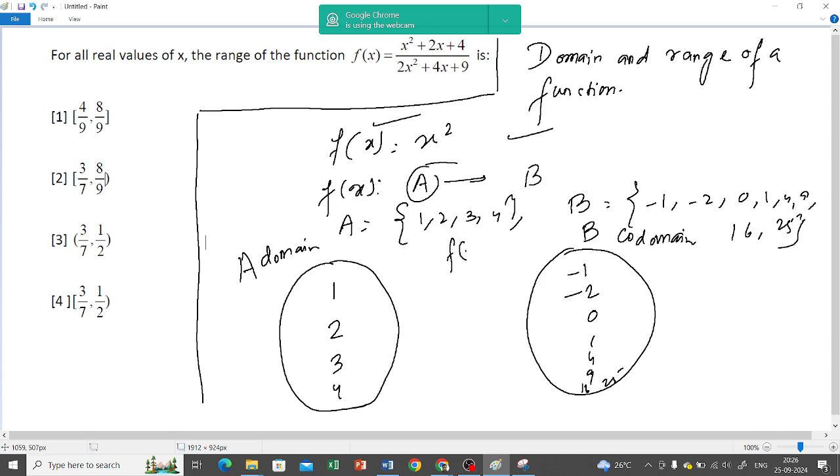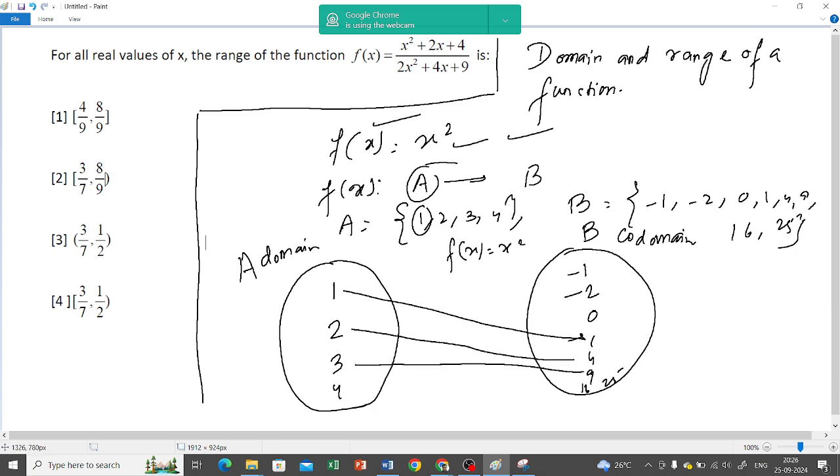The function is f(x) equals x square. When x equals 1, what is the value of f(x)? 1, so this is mapped like this. When x equals 2, f(x) is 4, so this is mapped like this, and so on.